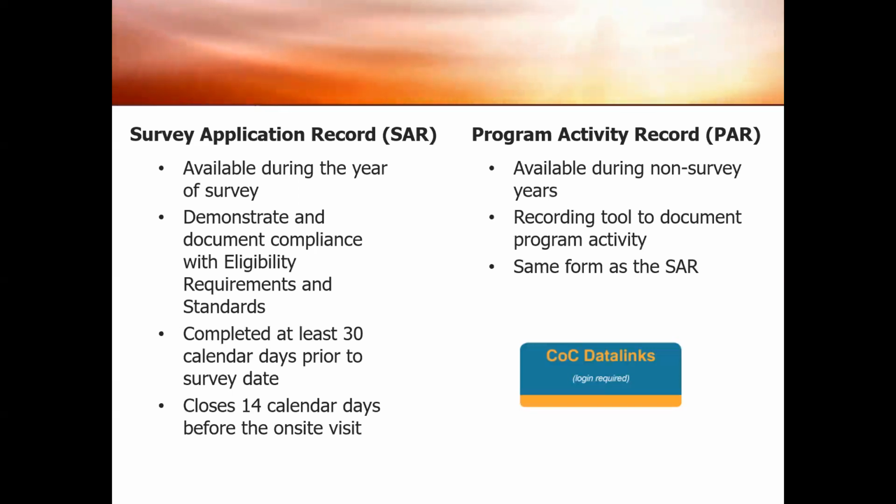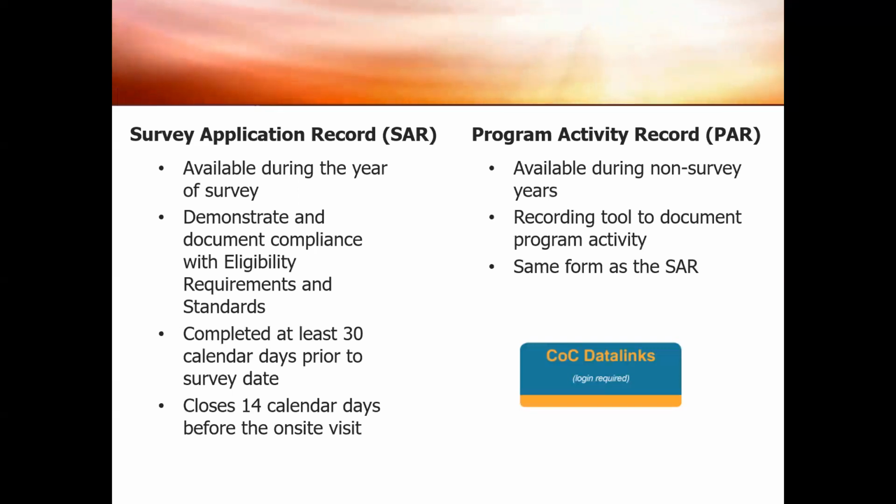The SAR and PAR can only be accessed through the CoC data links. Some of the required Cancer Committee members are given access to the CoC data links site. The program can also request access for other Cancer Committee members who may want to review the SAR, PAR, and other reports provided by the CoC or NCDB.